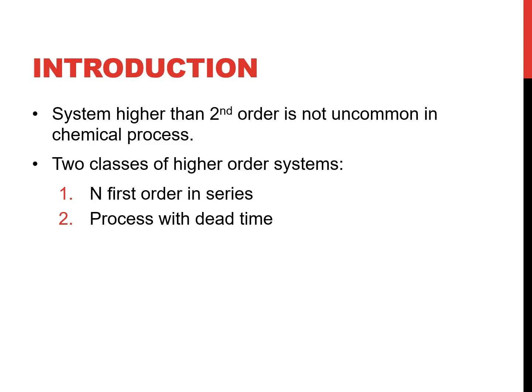This means you have the first tank, you develop the first order, and then this tank is connected to another tank. If we take into account two tanks in series, it becomes second order. If you connect the second tank with the third tank, then if we take the overall balance, it becomes a higher order. And the higher order also can be obtained based on a process with dead time.